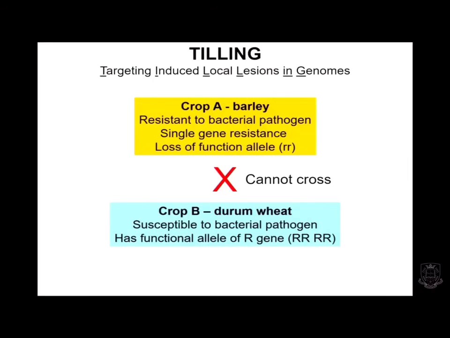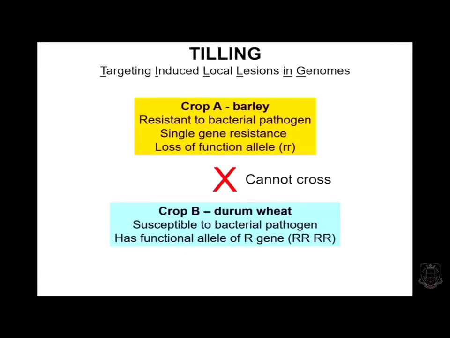Now, the problem here was illustrated in this example. So imagine you're working with wheat and you're talking to someone who grows barley and they say, oh yes, we've got this variety of barley that's resistant to this particular bacterial pathogen. And we know that this is due to a mutation in this particular gene, this R gene. We've got the sequence, everything we know about the mutation.